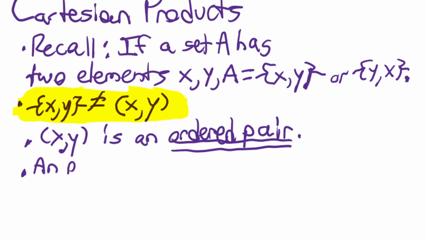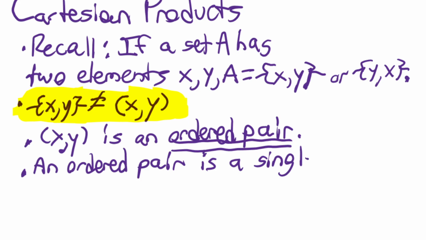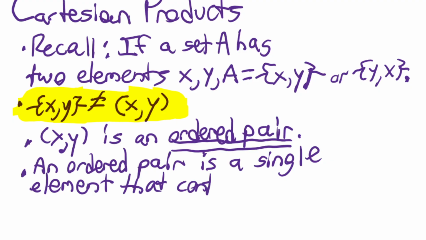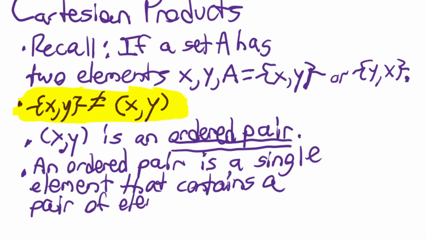And an ordered pair is a single element that contains a pair of elements.